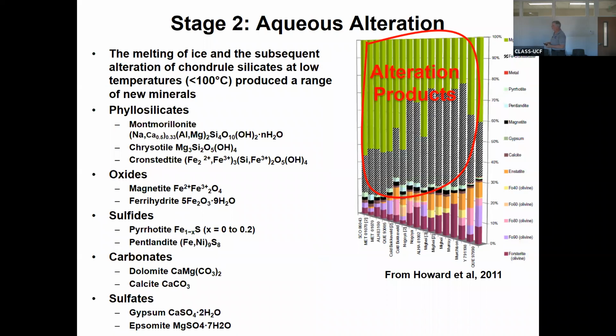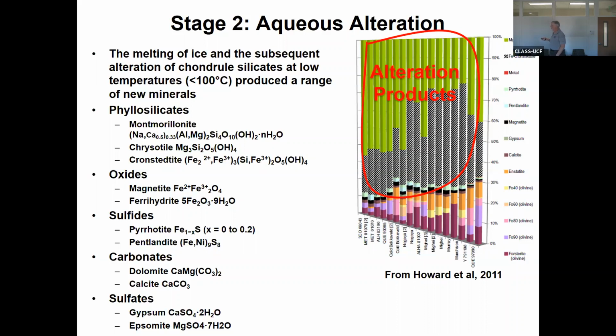For aqueous alteration, essentially you're melting ice and silicates at low temperatures. And then you get all sorts of new materials like montmorillonite, which is a sodium, calcium, aluminum, magnesium silicate hydroxide. And believe me, with a montmorillonite, you can get all of that in one collection.